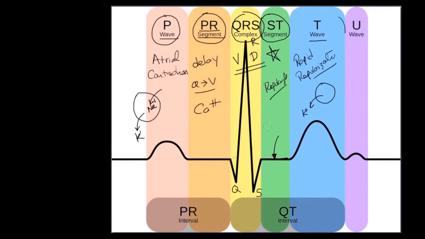Now, you should know that this electrical conduction is occurring very quickly. You have depolarization of the ventricle starting here, and then repolarization occurring here. But you should know that it is through all of this that the actual muscle itself is contracting, and that's called systole.